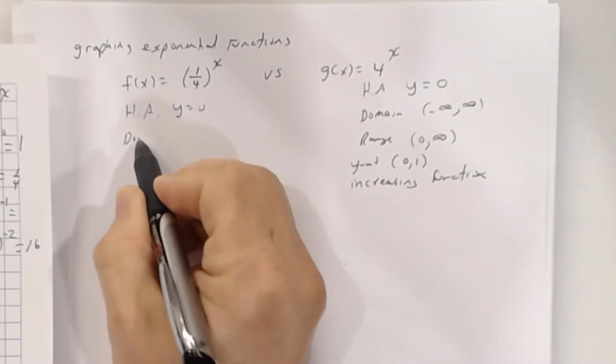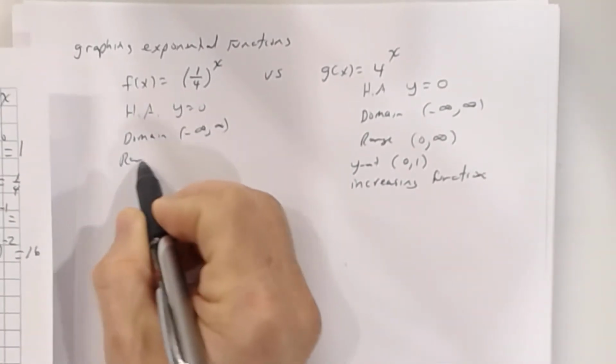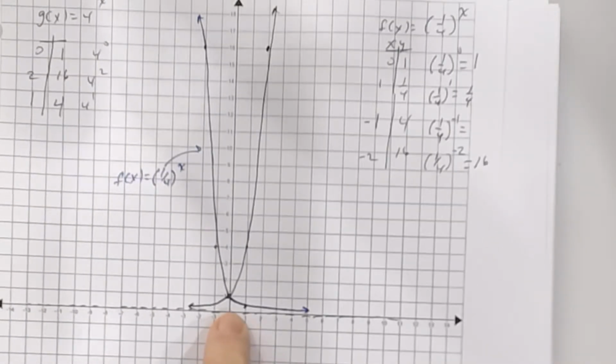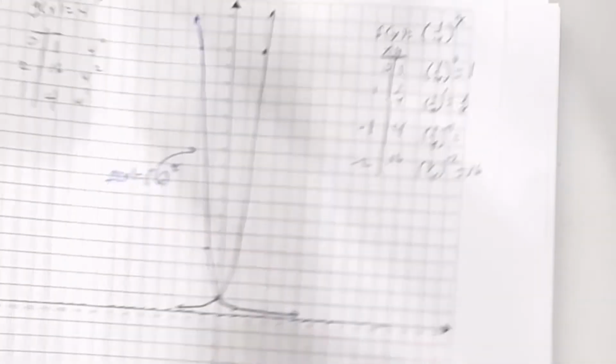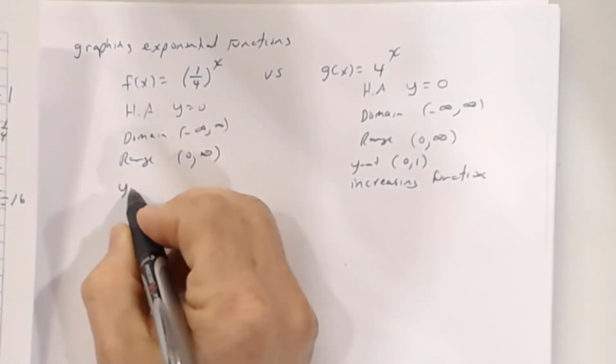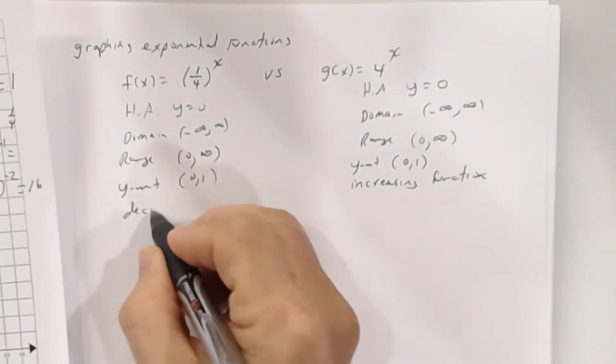The domain is what? Good. The range is, what's the range? 0 to infinity. What's the y-intercept? Okay, and it's a decreasing or increasing function? Decreasing.